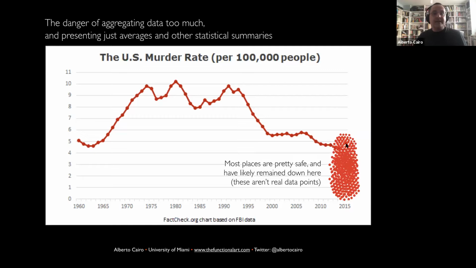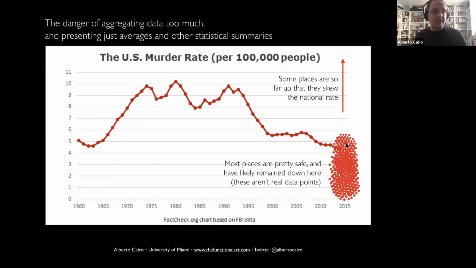Now, the challenge is that this is a very skewed distribution, because there are also certain cities, towns, and neighborhoods in which the murder rate has increased so much in the past three or four years that they skew the national rate.